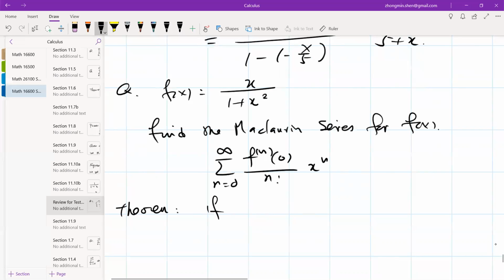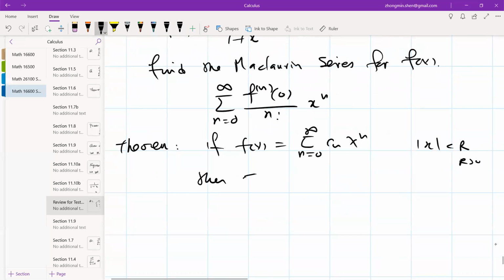If this function is equal to this for absolute value of x less than r, where r is positive, then this c_n is nothing but this.